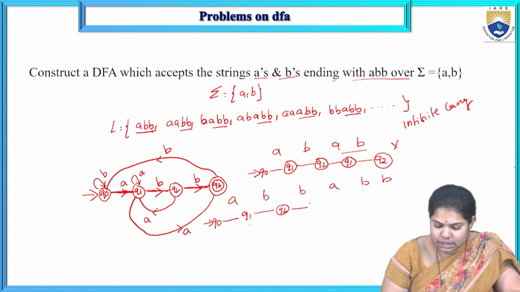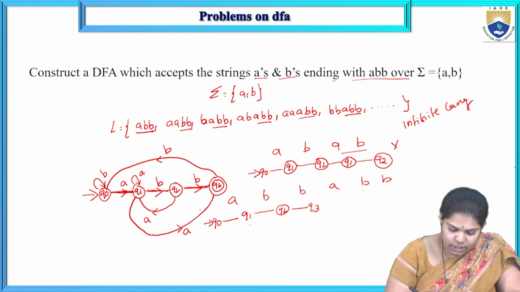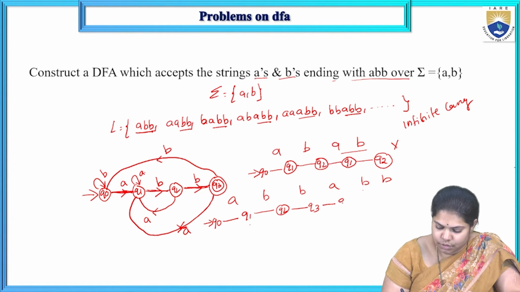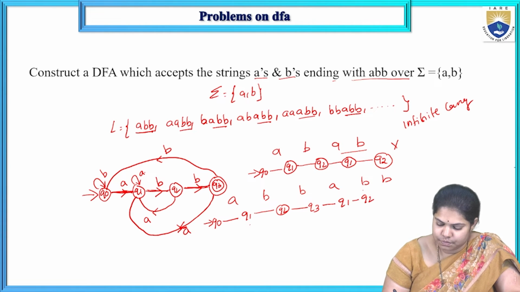Q2 on B moves to Q3. Q3 on A, where does it move? It goes to Q1. Q1 on B goes to Q2.